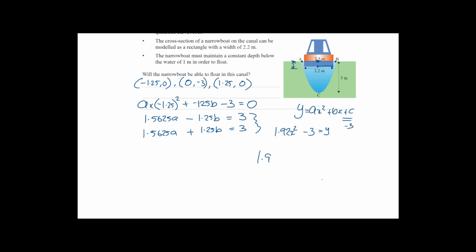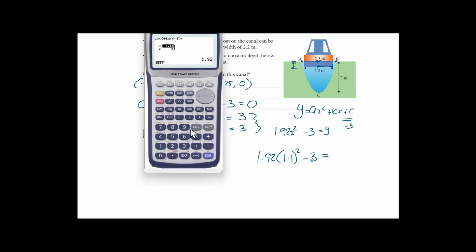So 1.92 times 1.1 squared minus 3. Is that going to be a number greater than, equal to, or less than negative 1?